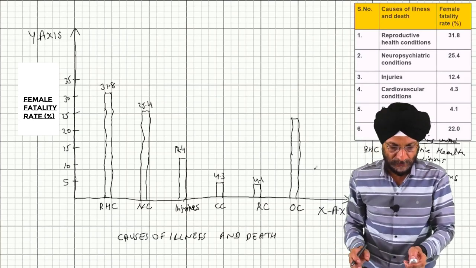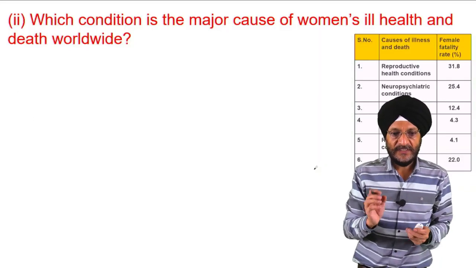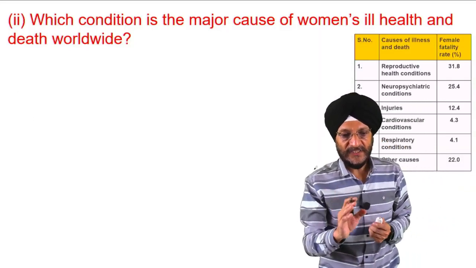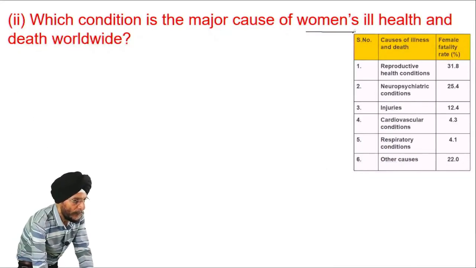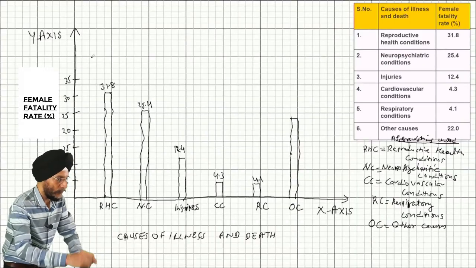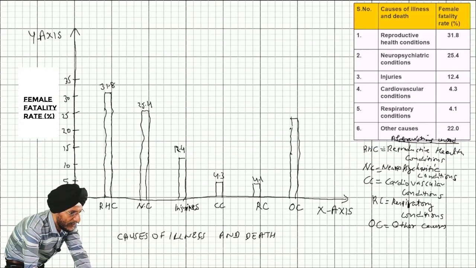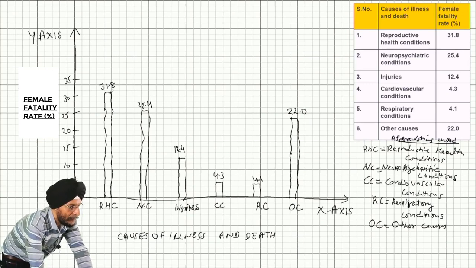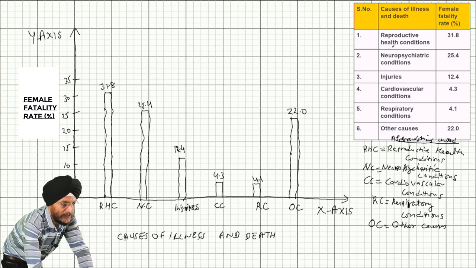Now we take the next point which is in the question. Which condition is the major cause of women's ill health and death worldwide? So now we refer back to the graph. From the graph, we can observe that this is the highest bar which is being shown. This is the reproductive health conditions.